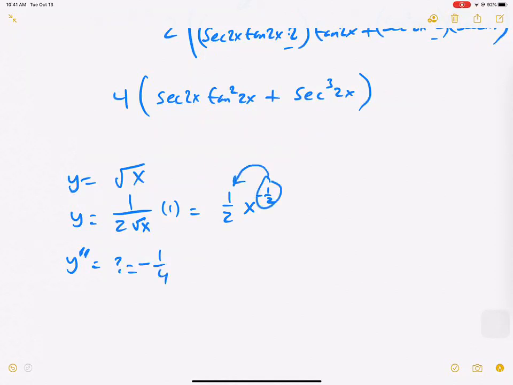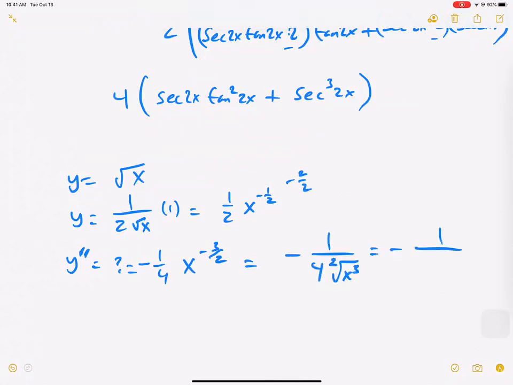And it'll be minus 1, so we're left with x to the negative 3 over 2. And that's our second derivative. To rewrite this as a fraction, negative 1 over 4 times the square root of x cubed. If you want to simplify, which you don't have to, it's negative 1 over 4x times the square root of just x.